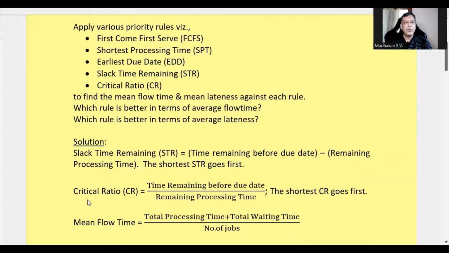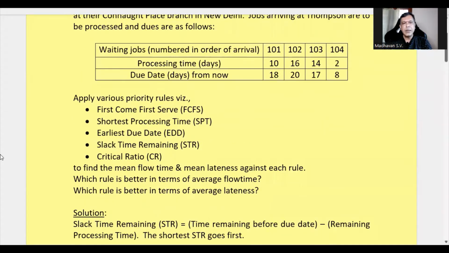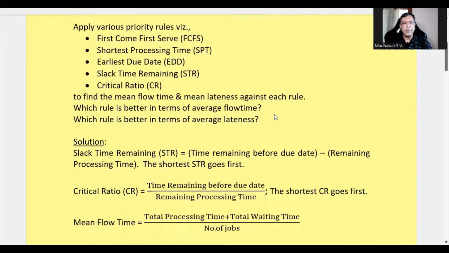Then critical ratio: it is the time remaining before due date divided by the remaining processing time. So it is nothing but the due date in days from now divided by the processing time. Again here, the shortest critical ratio will go first, meaning the job having the shortest critical ratio will be considered first for execution.